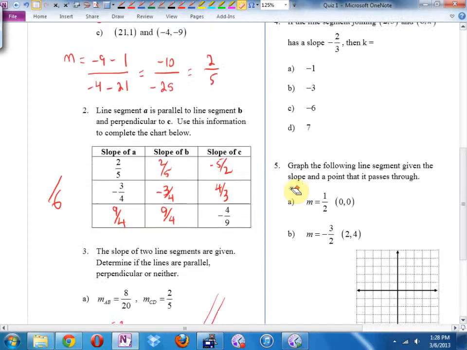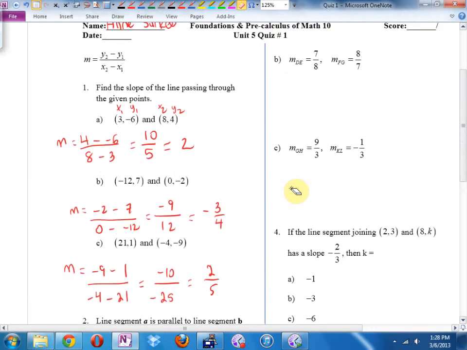So A parallel. B. Are those perpendicular? Why not? I see reciprocal. Oh, no negative. So you know what? This is nothing. Neither.